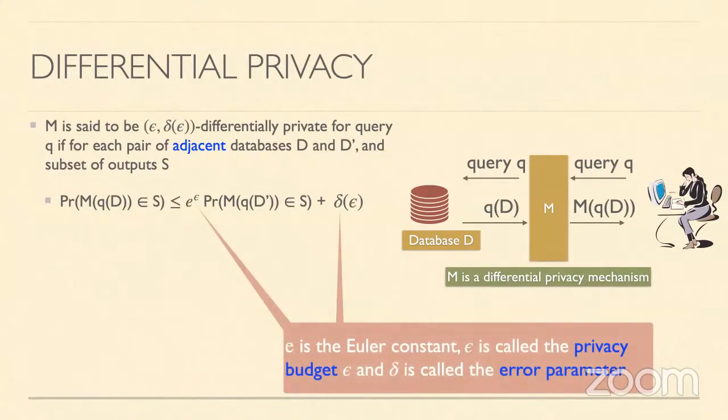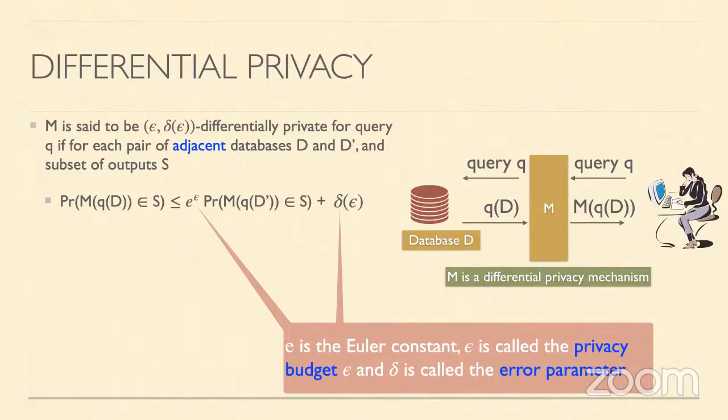The differential privacy definition is complicated. I won't go into it in detail, but essentially, if there are two databases which are almost equivalent, then the probabilities that the two give the same answer must be related by some equation.